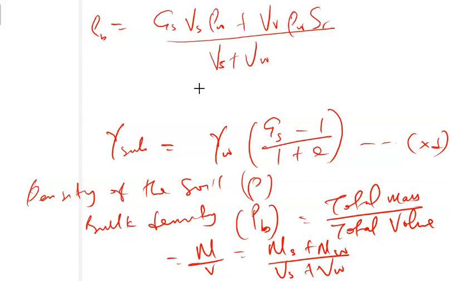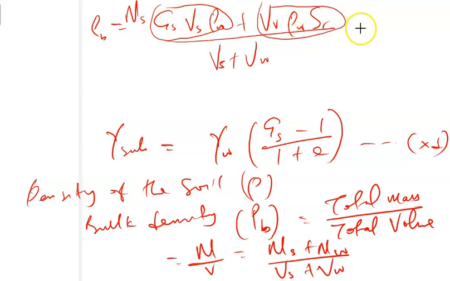Because when we're talking about mass of solid, all these represent Ms, mass of solid, and all these represent mass of water. That's what it denotes.